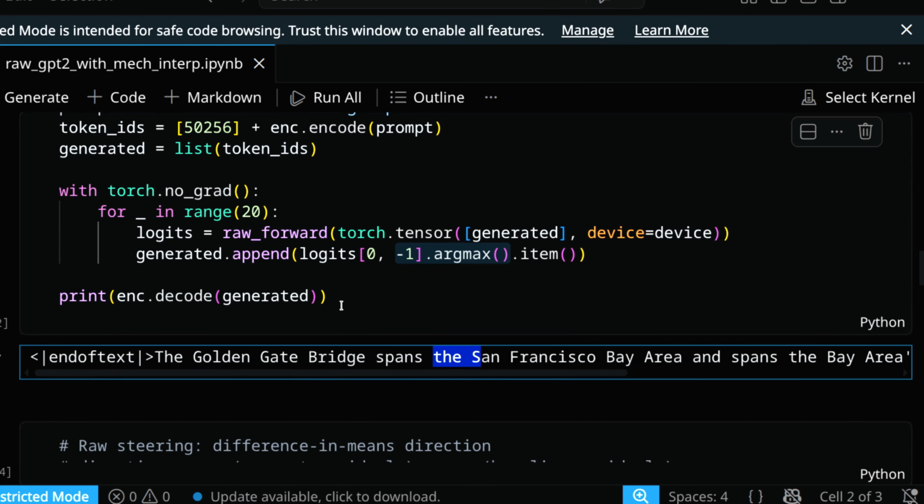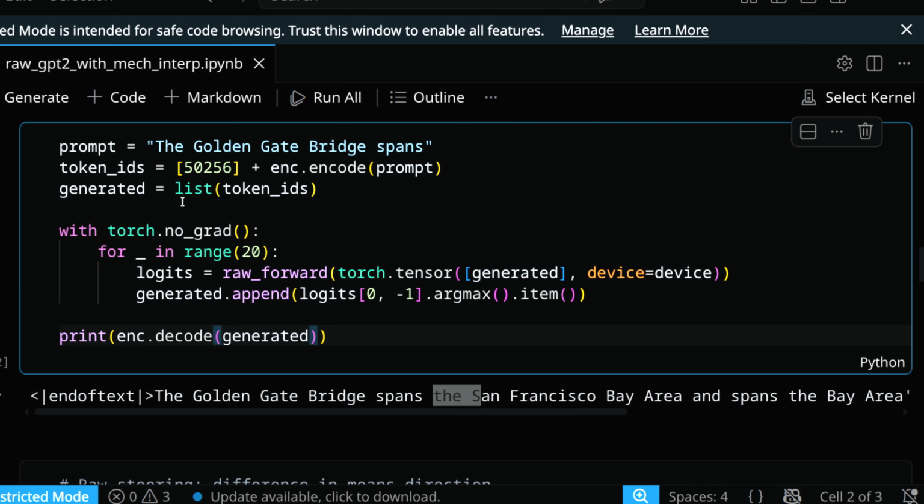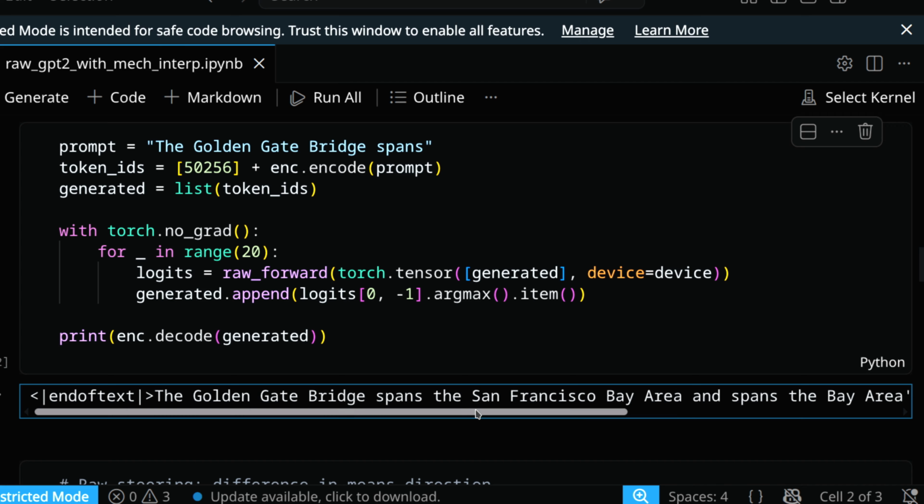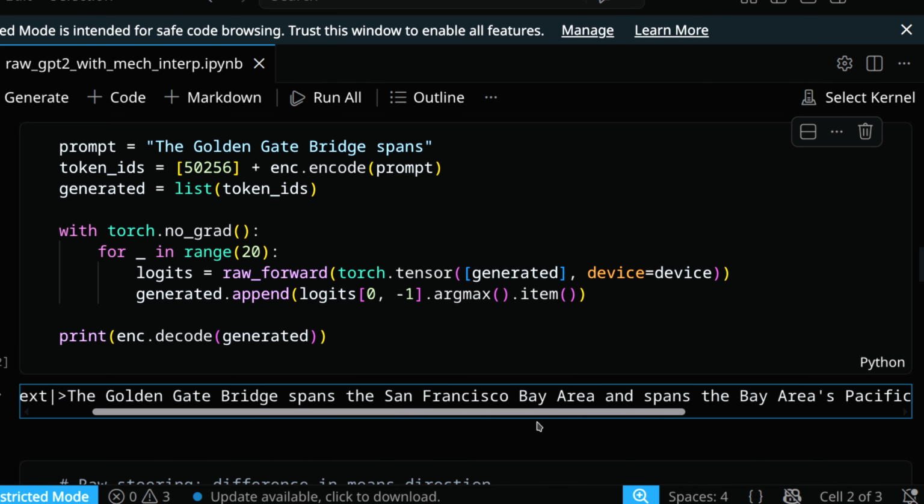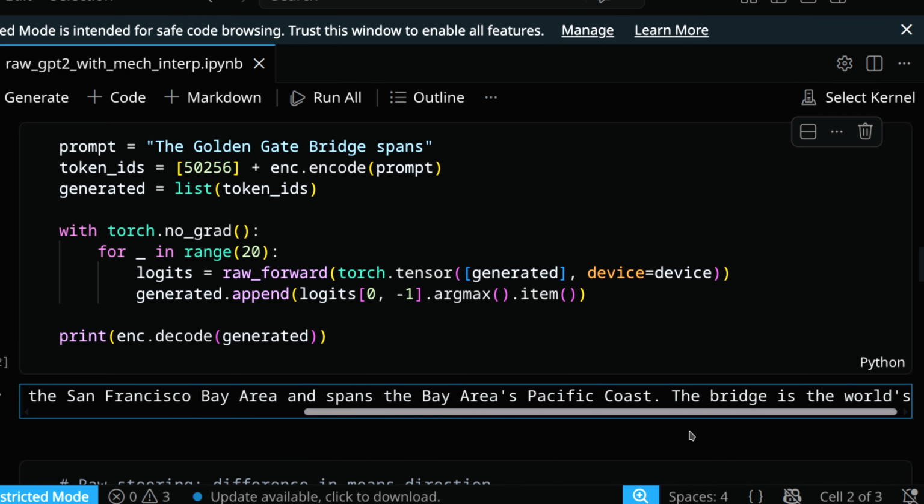And last part, once it breaks out of this loop after the 20 iterations, it takes that list and uses the decode to convert it back into text, and that's how you see the Golden Gate Bridge spans the San Francisco Bay Area, etc.